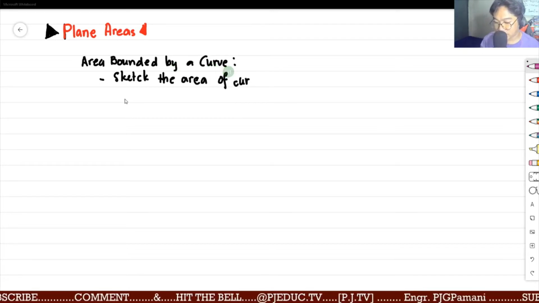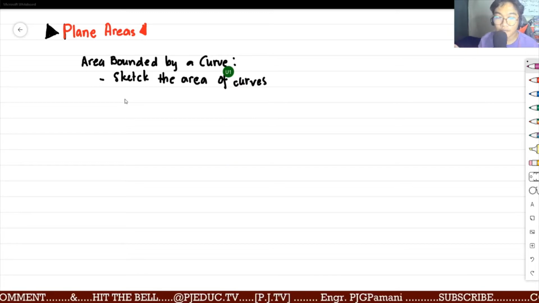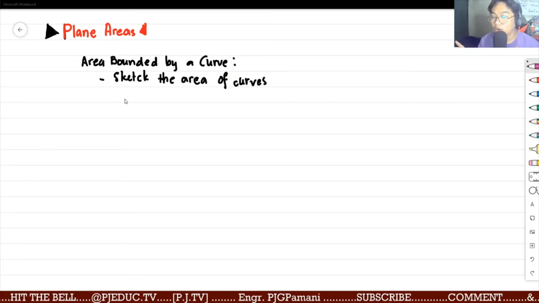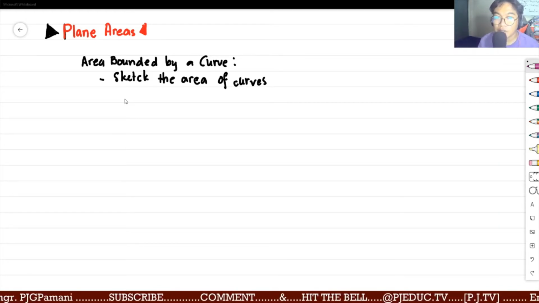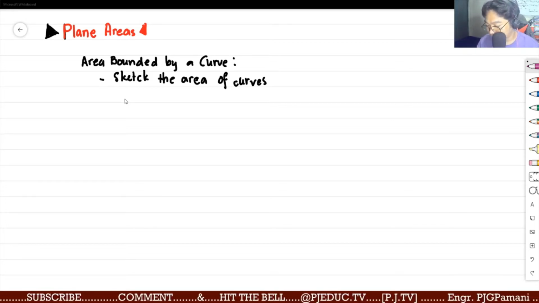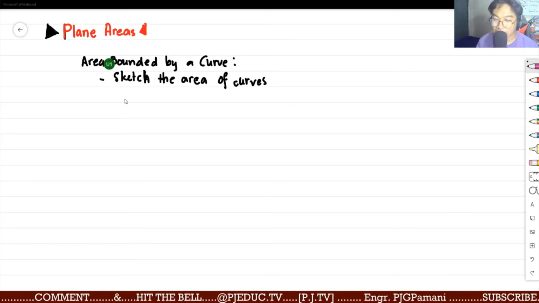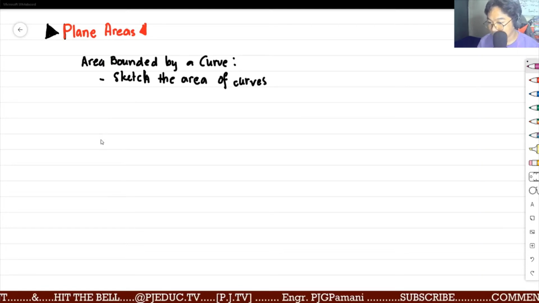After you have identified whether the curve is upward, downward, left or right based on the given equation, pwede mo na siyang i-sketch in the x and y coordinate system.